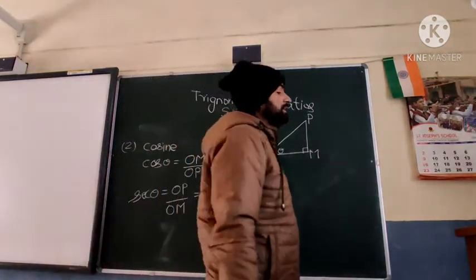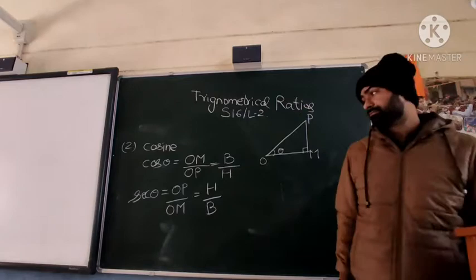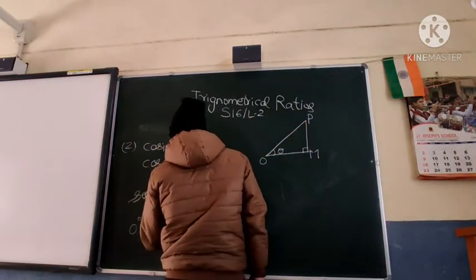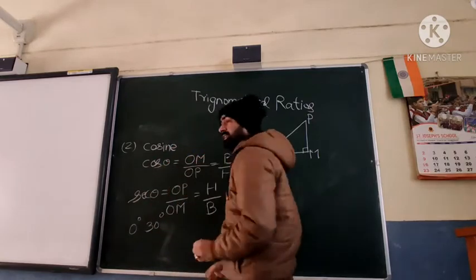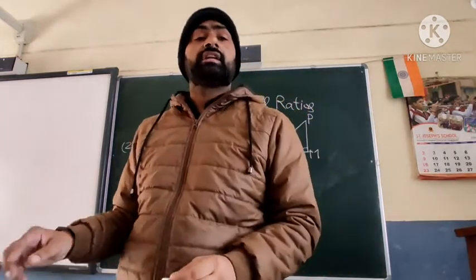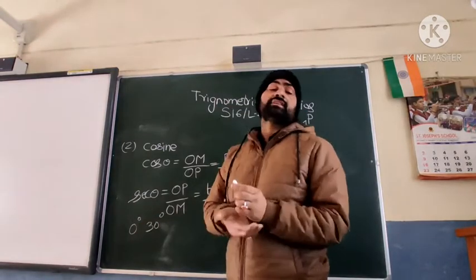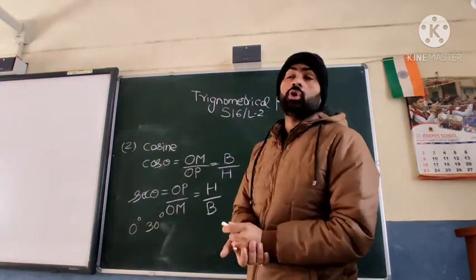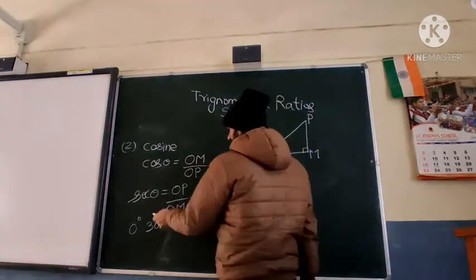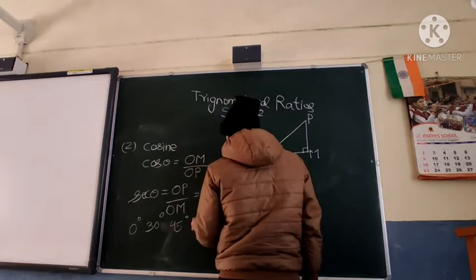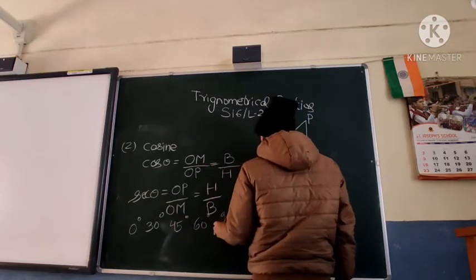Then we have standard ratios also for this, like 0 degree, 30 degree. I will not tell this in the next chapter, so I am telling it here only. So basically the standard values of cos theta for these angles: cos 0, 30, 45 degree, 60 degree and 90 degree.